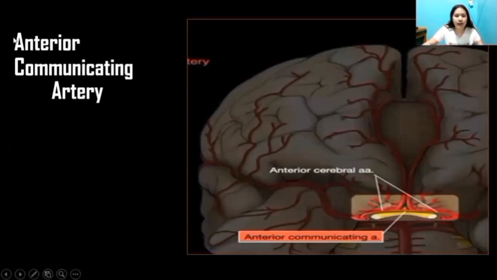As I mentioned earlier, the posterior communicating artery is a common site of berry aneurysm, while the anterior communicating artery is the most common site of berry aneurysm. So the main function of this anterior communicating artery, it connects the two anterior cerebral arteries.